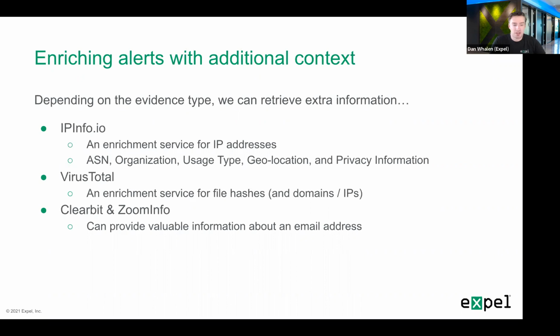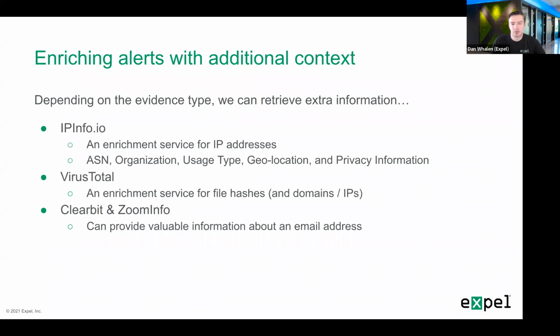And we've had great success with this process in general. We've got a bunch of services that we use pretty heavily at Expel and would recommend for this purpose. For example, if you have IP addresses, there's a service out there, ipinfo.io, that we love. They give you all kinds of great information about an IP address that you can use to enrich that document, whether that's geolocation information, whether it's a VPN server, a proxy server, a Tor server, or what organization owns it.